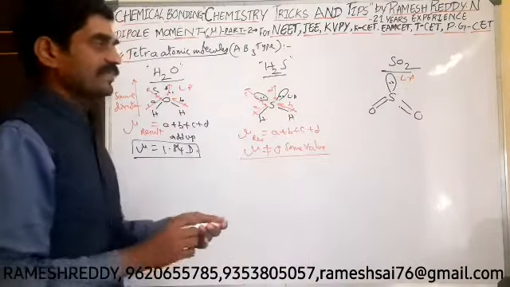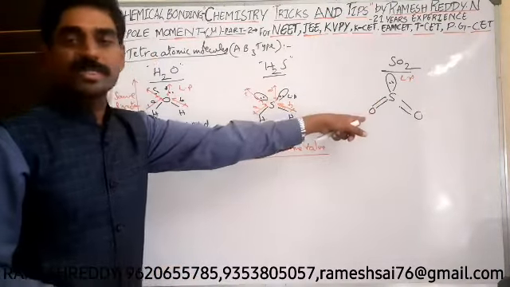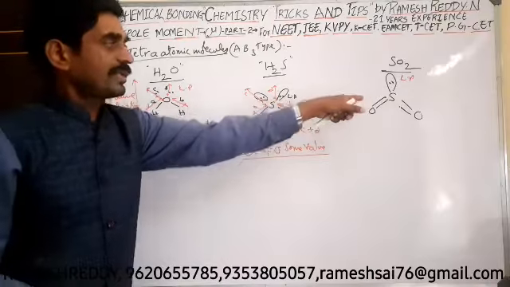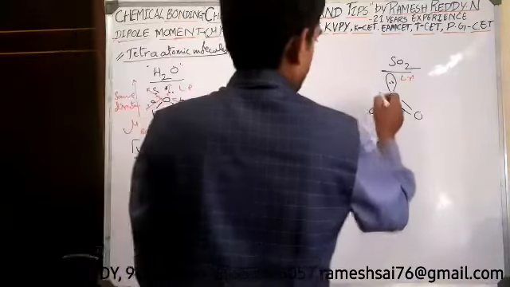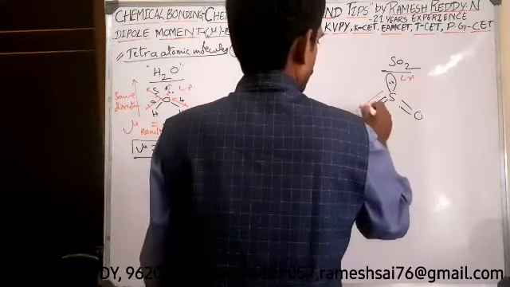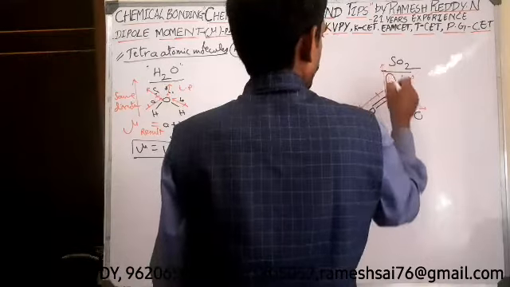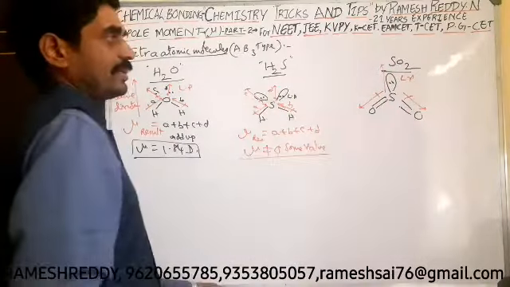Compared to sulfur, oxygen is more electronegative, so the electron movement is from sulfur to oxygen. So dipoles are developed here, and also from sulfur toward the lone pair of electrons.